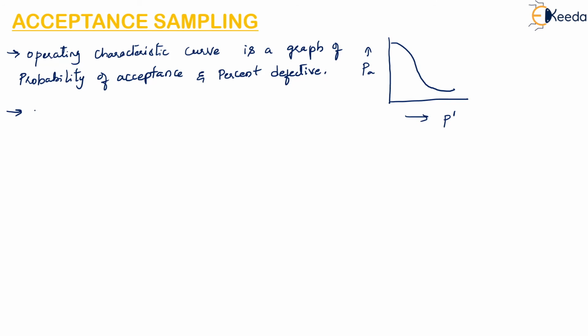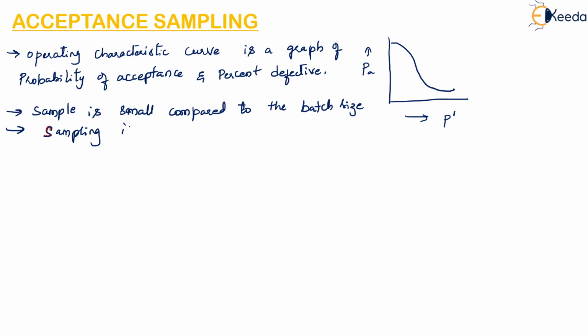So here the conditions are: the sample size is small compared to the batch size. Then sampling is random.